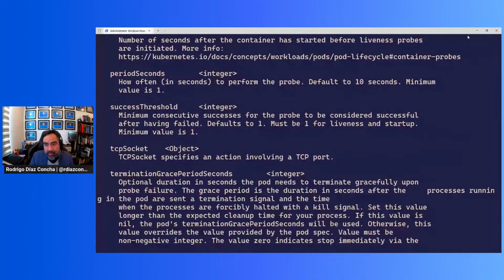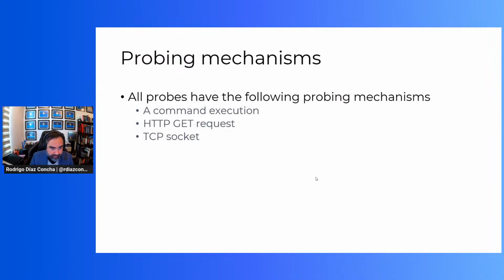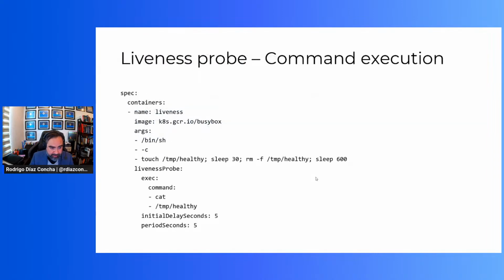Actually, I have a demo right here, and I'm going to show you right now, that is using this liveness probe, and it's using two different techniques for probing this particular pod.